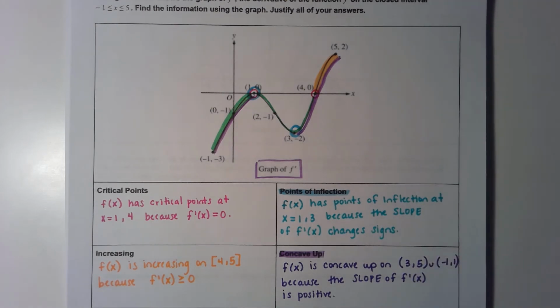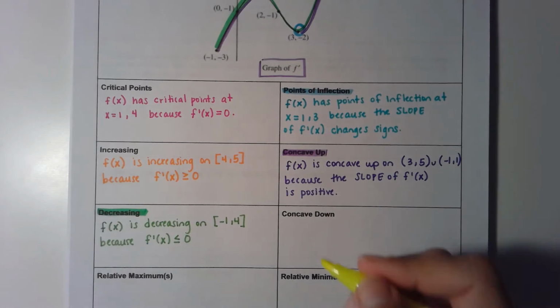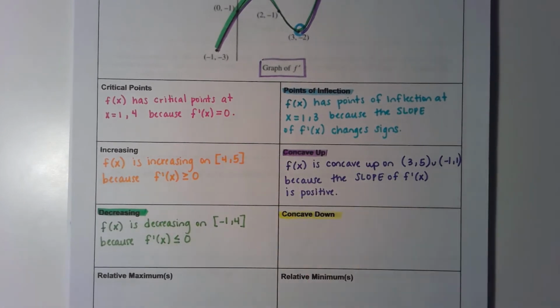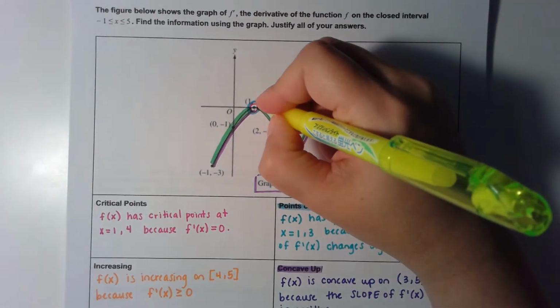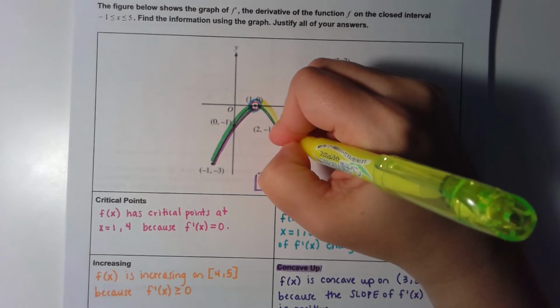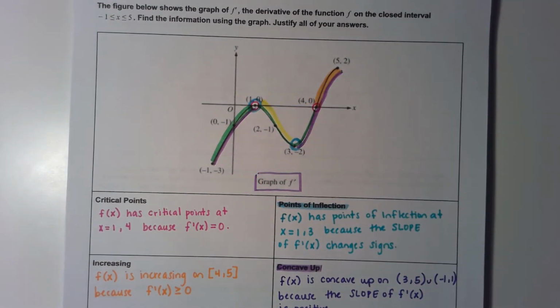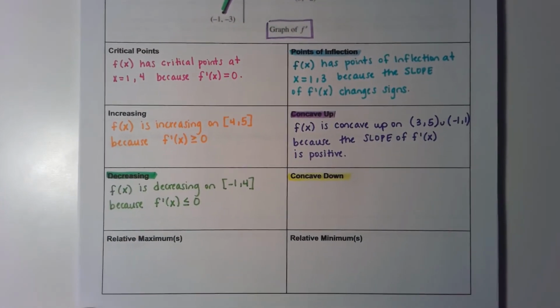Now the last question here is going to be, where is the original graph concave down? So the original graph is going to be concave down when the slope of this graph is negative. So we're going to be looking at this middle section of the graph right here. Now I'm not going to write this answer in yellow because I think it's kind of hard to see. I'll just go ahead and write that in black.